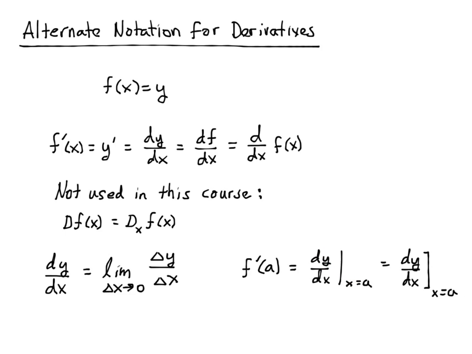When I was calculating these, I could have done the same thing by saying dy dx evaluated at x equals 1. And when we get into definite integrals, we're going to be using a notation similar to this quite a bit. It's a nice way to put a value in here, and retain the notation that you are working with the derivative.